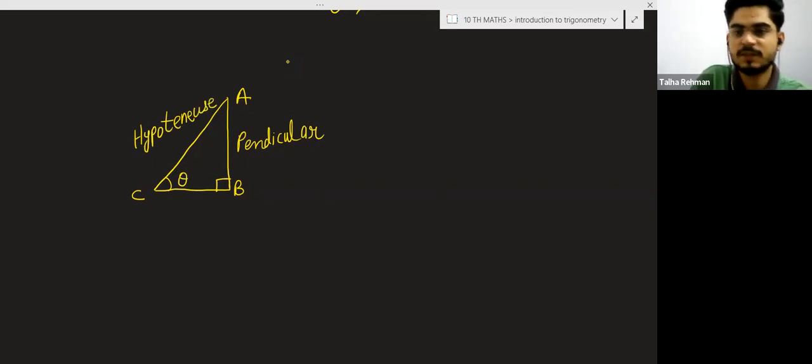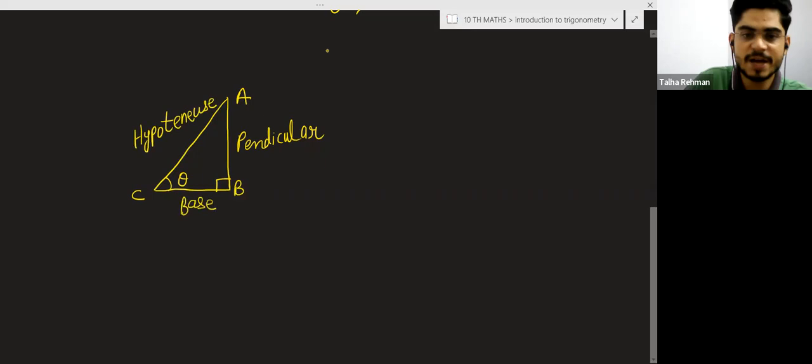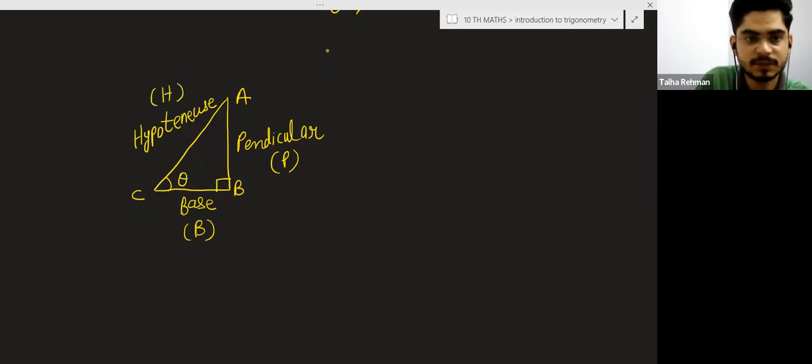And the remaining side is the base of the triangle. I will represent perpendicular with P, base with B, hypotenuse with H.